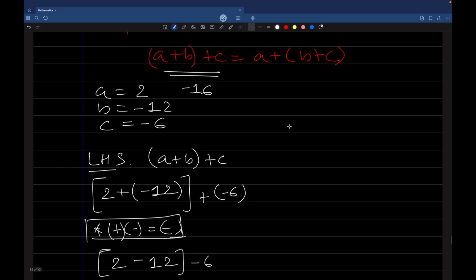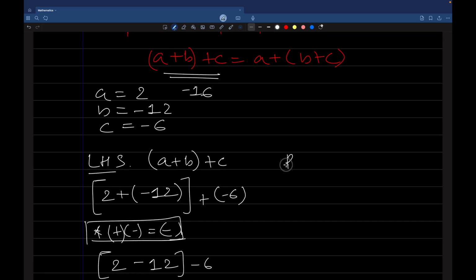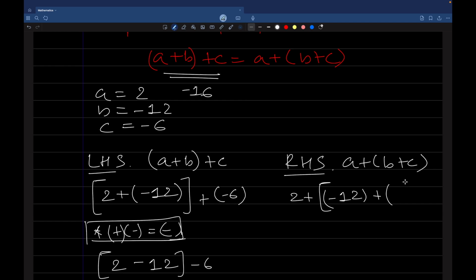Now right hand side, that is A + (B + C), that is 2 plus (minus 12 plus minus 6).